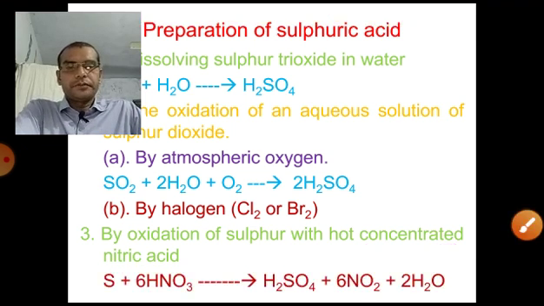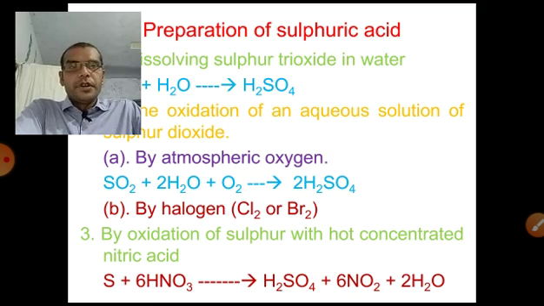Let's see the reaction. When nitric acid reacts with sulfur, it forms sulfuric acid, nitrogen dioxide and H2O. So here the nitric acid behaves as an oxidizing agent and oxidizes the sulfur.